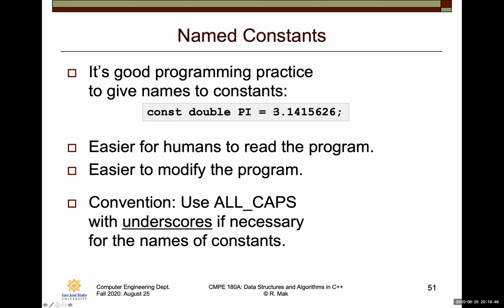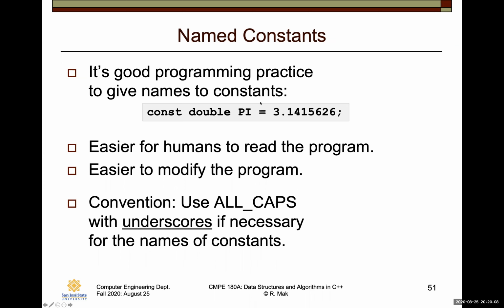Whereas had you typed in this number throughout your program, then you have to find all the places that you typed it and change each one of them. So it makes your program much more readable if you have a known constant to give it a name.